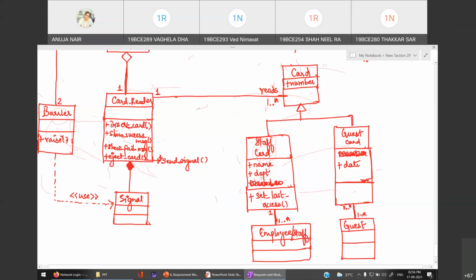It's not required that every time a guest is coming, they will get the same card. That's not required because it is a visitor card. So they can visit more than one time, and every time they are visiting, they might get a different card. So that's why I'm writing one or more over here. Okay? So one or more over here and one or more over here.